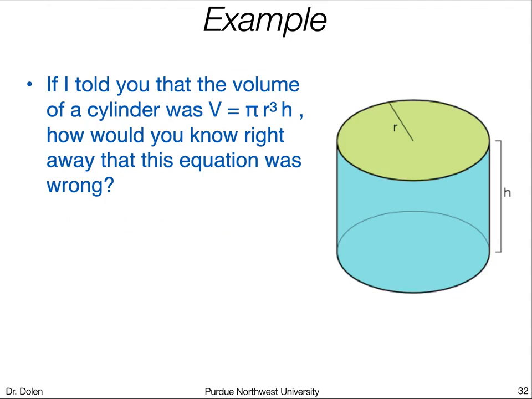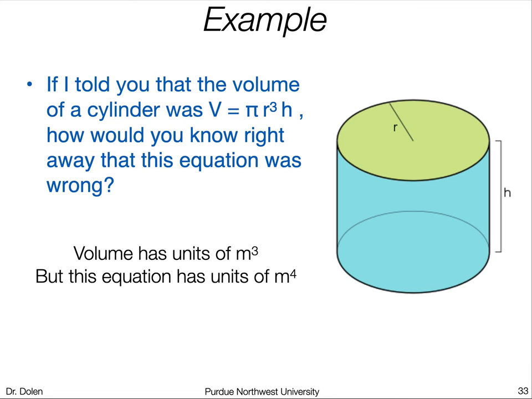Okay. As an example of this, why don't we quickly look at this cylinder and say I incorrectly told you that the volume of a cylinder was given by this equation. It's pi times the radius cubed times the height of the cylinder. How would you immediately know that I'm wrong? Right? So think about that for a second. You would know that I was wrong because the units don't work.